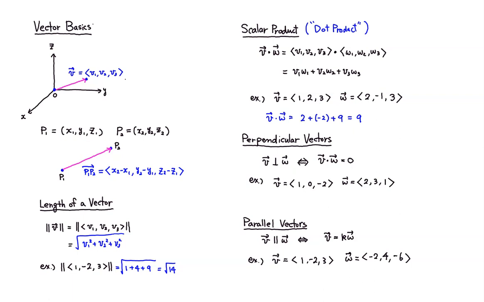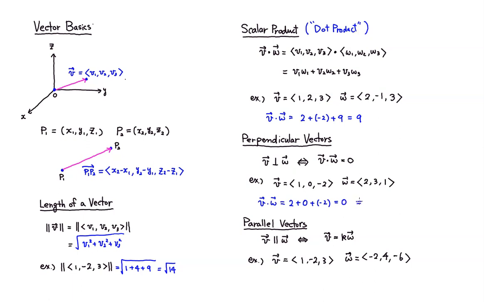Let's find the dot product between v and w: 1 times 2 is 2, plus 0 times 3 is 0, plus negative 2 times 1 is negative 2, so the sum is equal to 0.